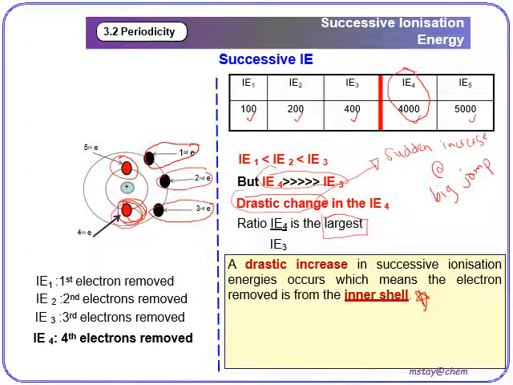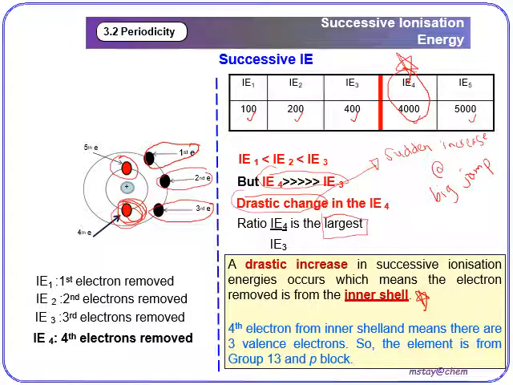In this case, the sudden increase happened at the fourth IE, so the fourth electron is from the inner shell. That means there are 3 valence electrons, so we know it is group 13, which means it is a p block element.